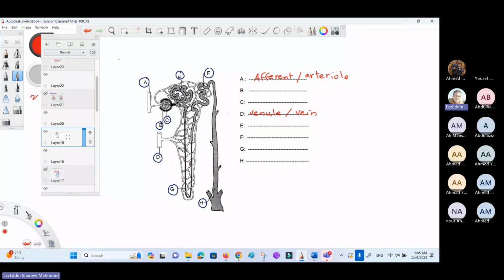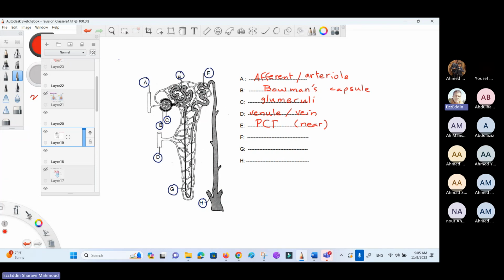Okay, let's go here. A, finished. B is Bowman's capsule, and C are the glomeruli, or glomerulus, as you wish. Both are equal. E is proximal convoluted tubule. You can say near tubule. Proximal means near.